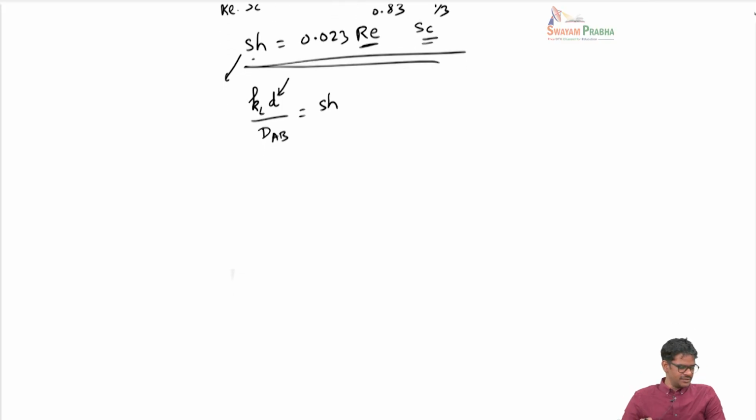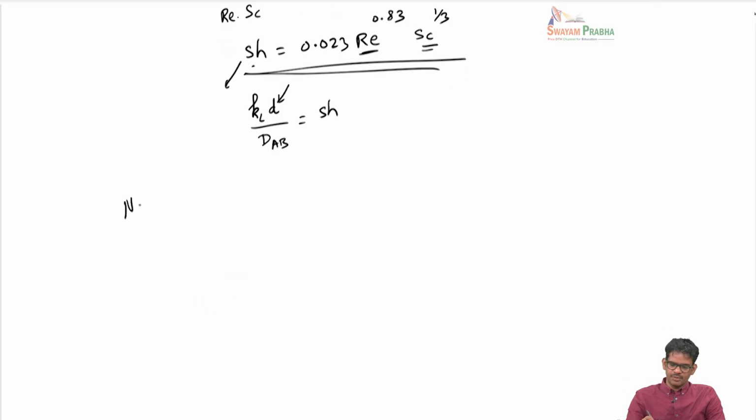In that case, you can still use the correlation developed for heat transfer by simply changing the corresponding non-dimensional number, and use it for mass transfer. So let's say you have an expression for Nusselt number. I am giving an example here.